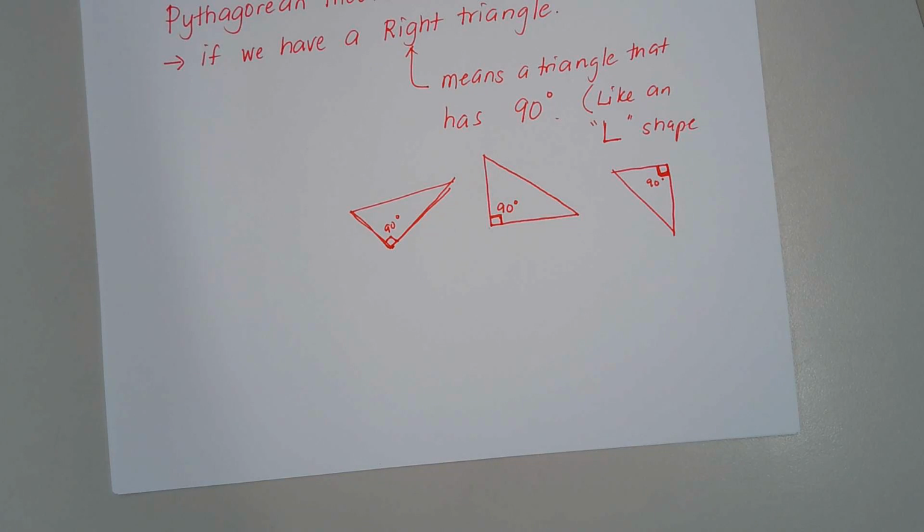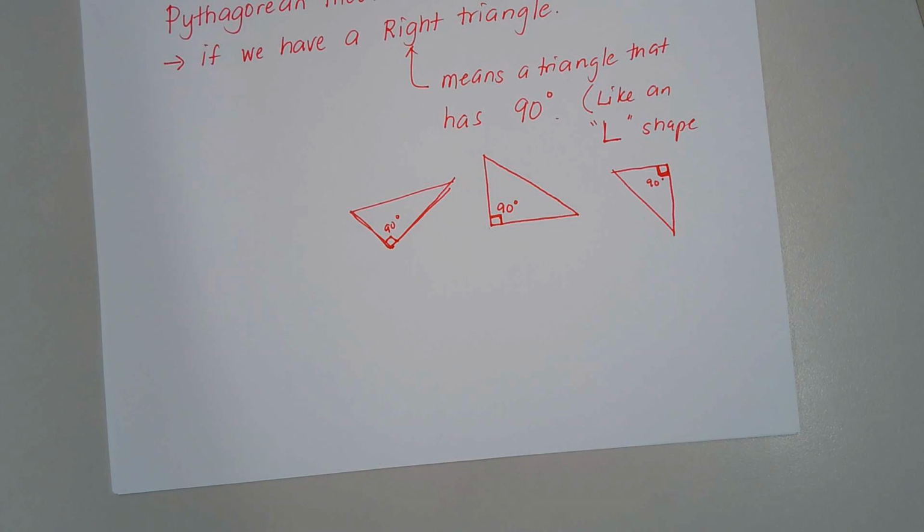Now, I think anybody can answer this question. If you feel like you want to answer, you can raise up your hand and then I'll call you out. Which side do you think is the longest side? Is it side A, side B, or side C?